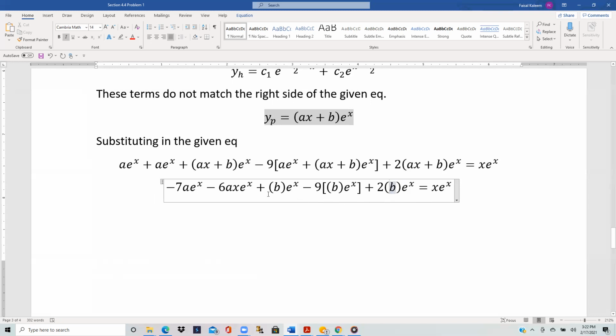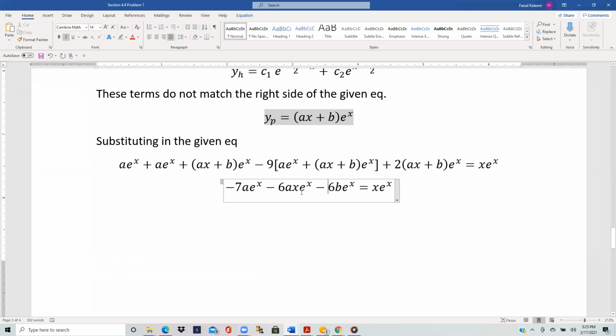Okay, so now what am I left with? Bex minus 9bex plus 2bex. So that's b minus 9b is negative 8b, and plus 2 is negative 6b. So negative 6bex. Negative 6b e to the x.